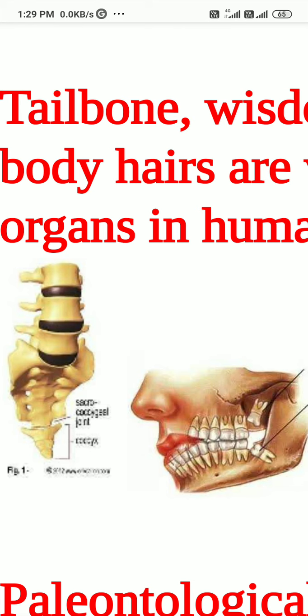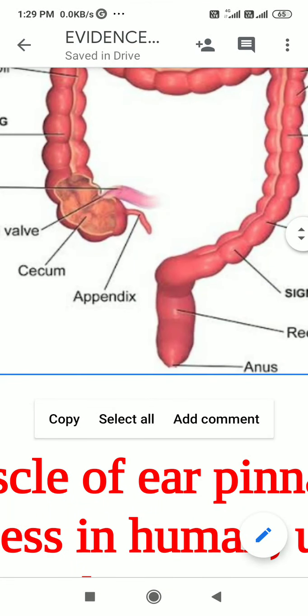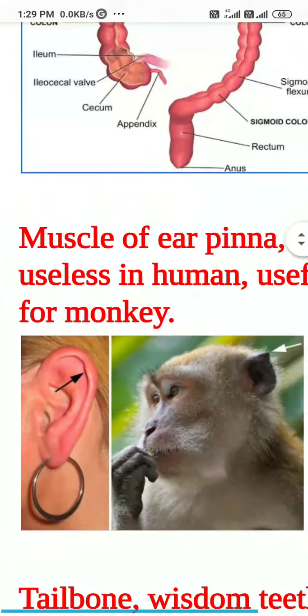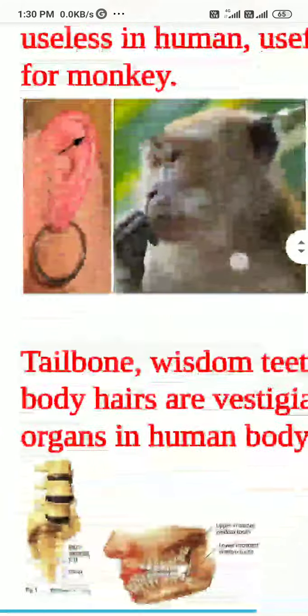And sometimes this appendix also becomes harmful, it gets infected and the doctor removes it by surgery, and there is no effect on our body because that is a vestigial organ, not in use. So this is about vestigial organs, and this is a proof for evolution, evidence for evolution.